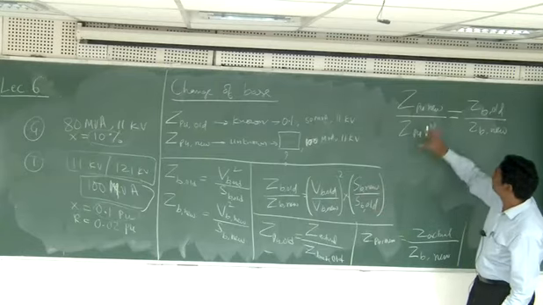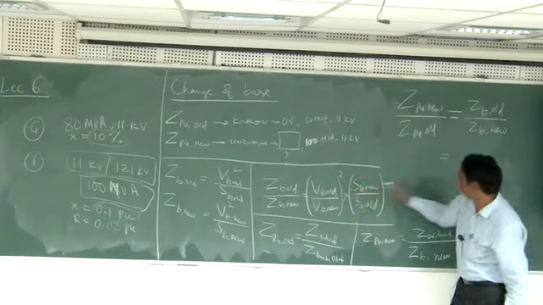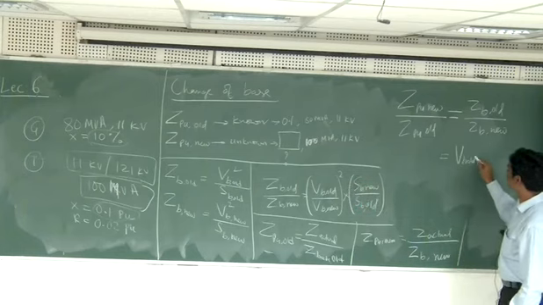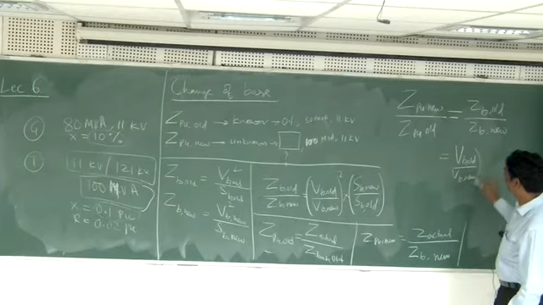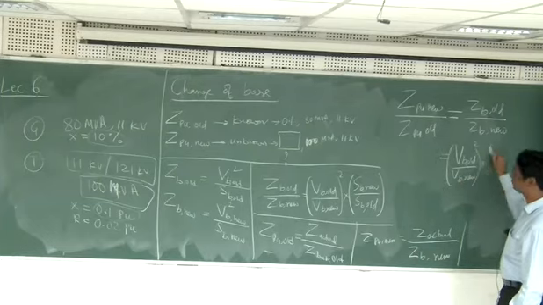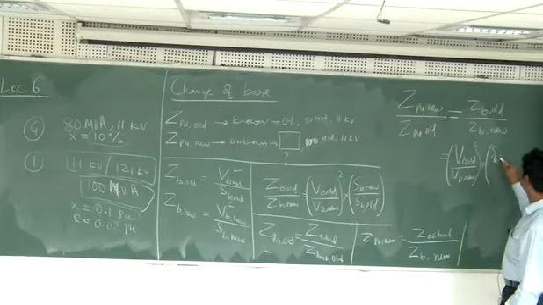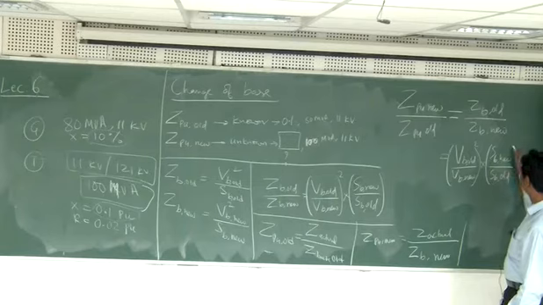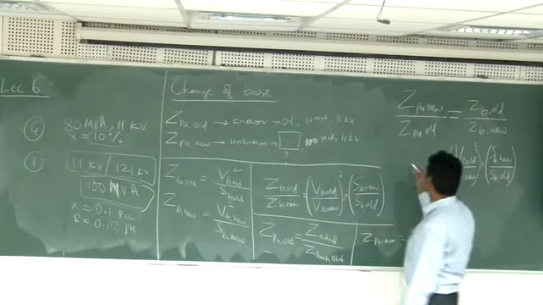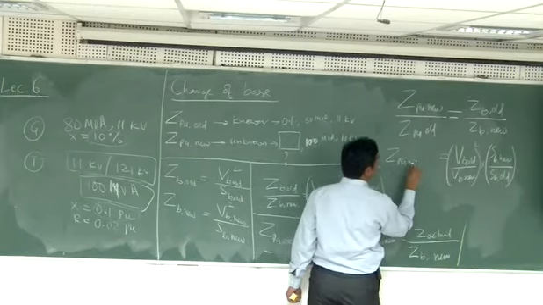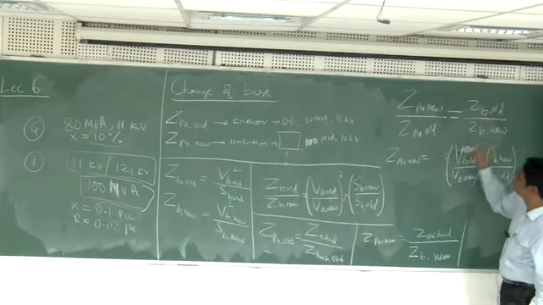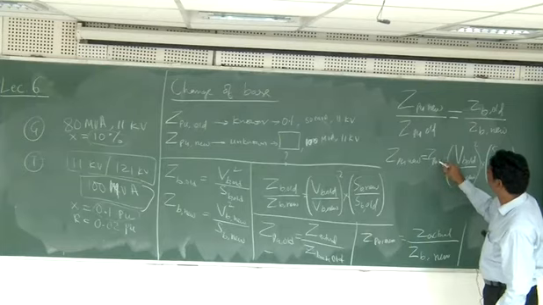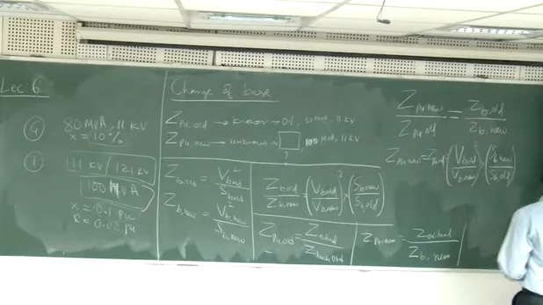So therefore I'll just say equal to V base old divided by V base new, square, into S base new divided by S base old. Now I'll take this one to the other side: Z per unit new is equal to this times Z per unit old. So this is my final formula.